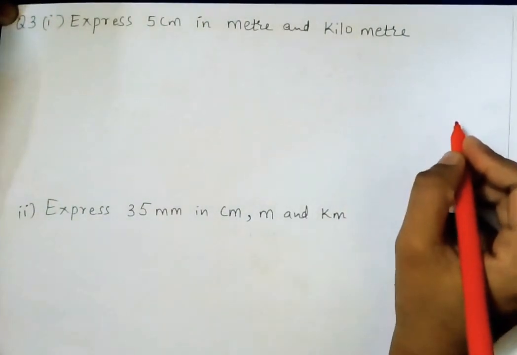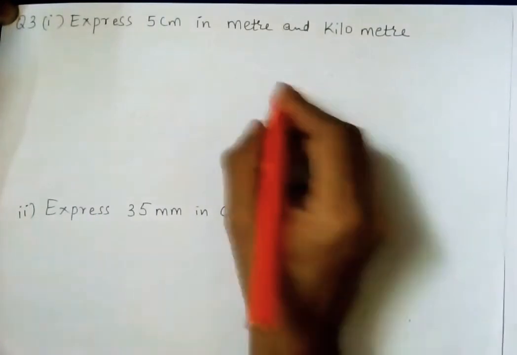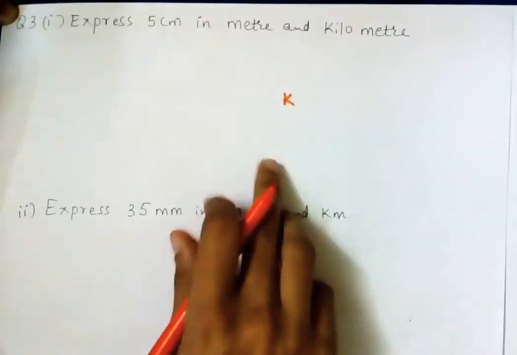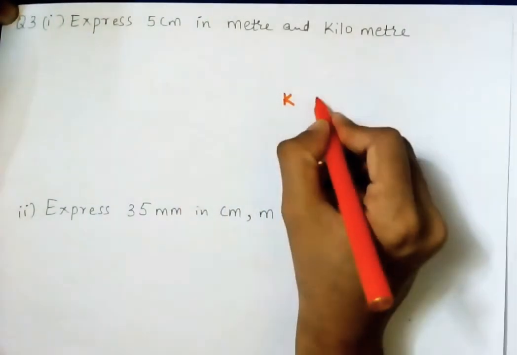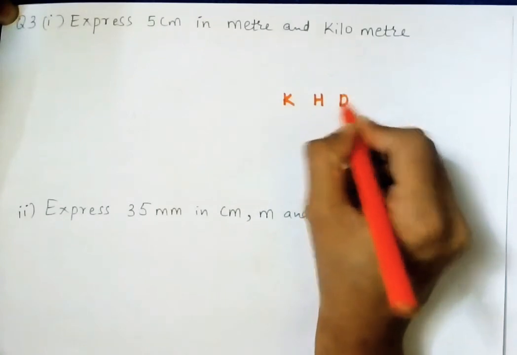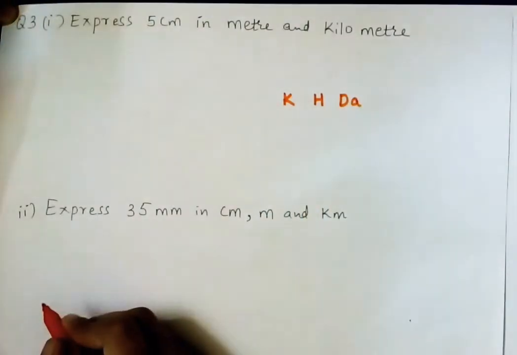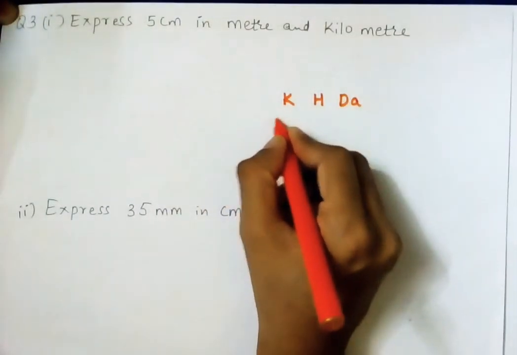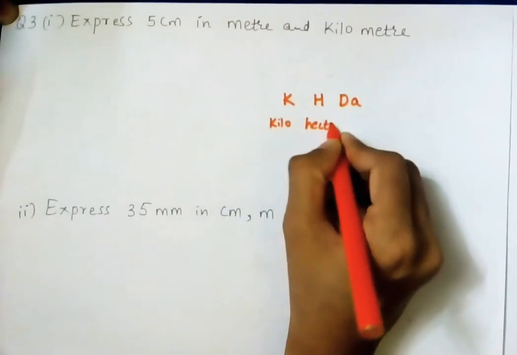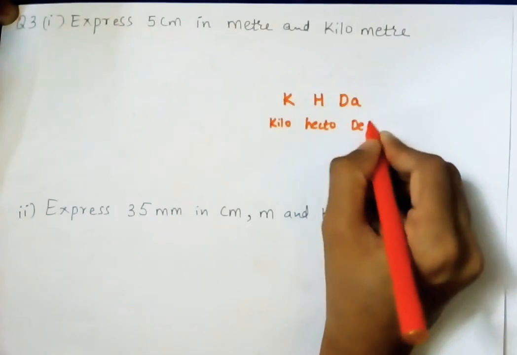First of all, you can write the sequence. First I am writing K, K means kilo. Then I am writing H, hecto. And then I am writing DA, DA means deca. So K means kilo, H means hecto and DA means deca.